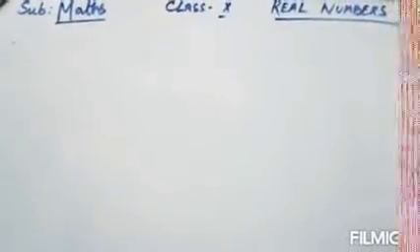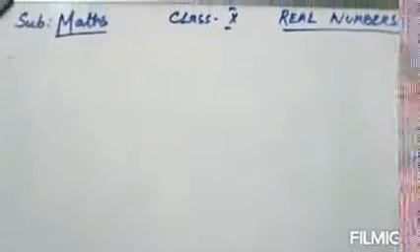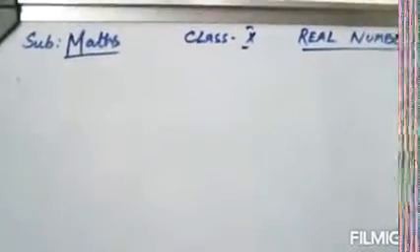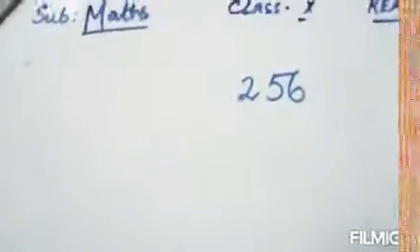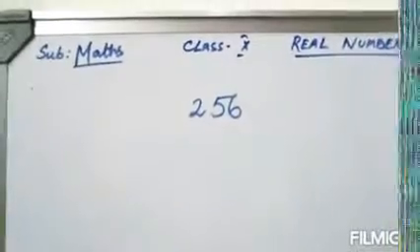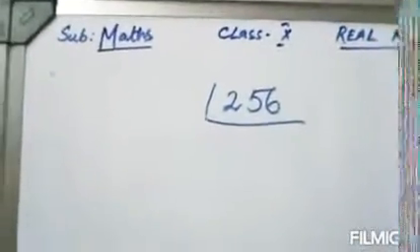We will go back to our junior classes and see how we have done prime factorization. Let us take a number like 256. Now we will factorize using the prime factorization method.